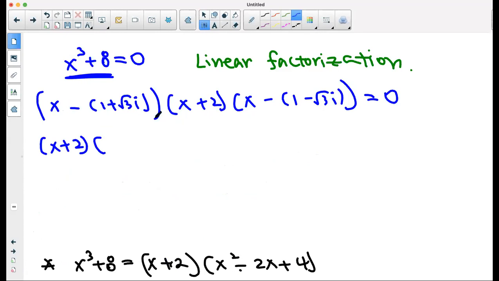If you want to multiply 3 term by 3 term, oh my, I have to work with 9 terms. Do you see what I'm saying, guys? It's quite annoying. So what I'm going to do is that I'm going to just rewrite this one into x minus 1 minus radical 3i, meaning I distribute the negative sign here. Can you see that, guys? And then second one here is what?